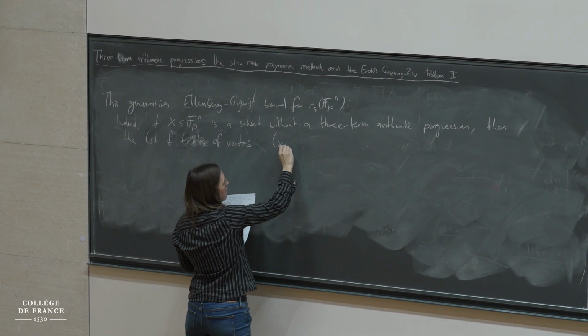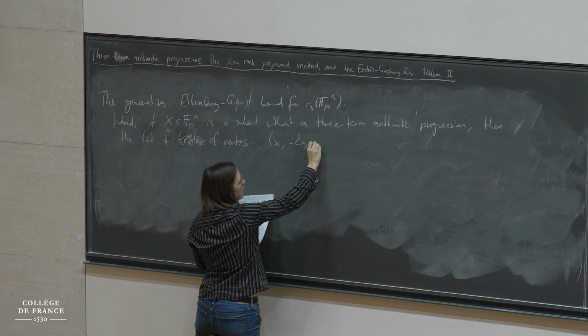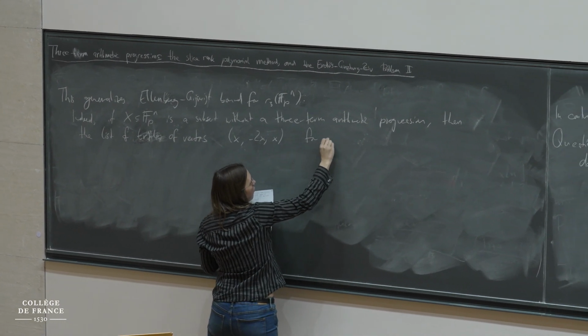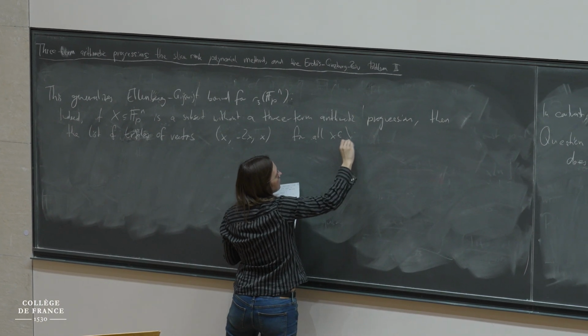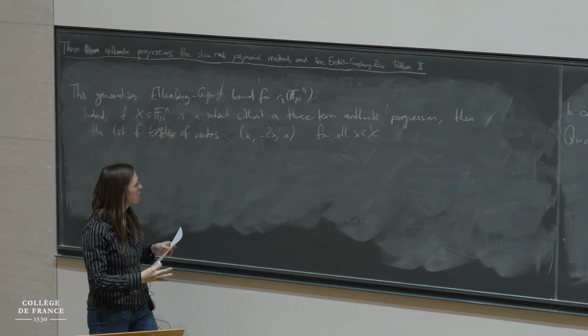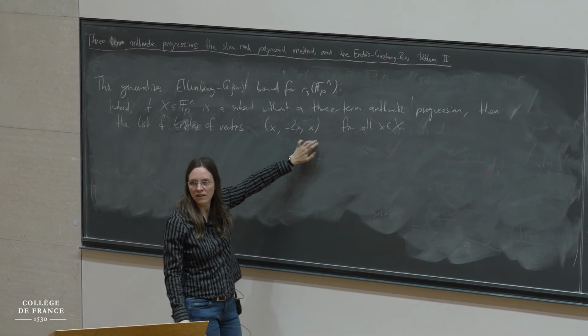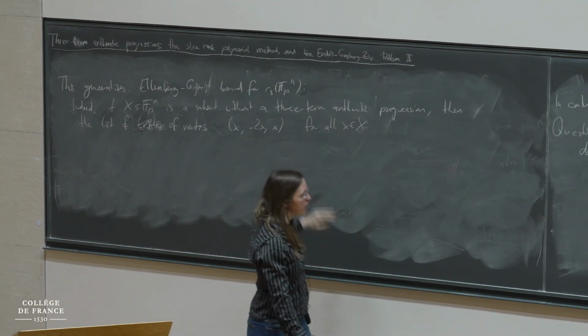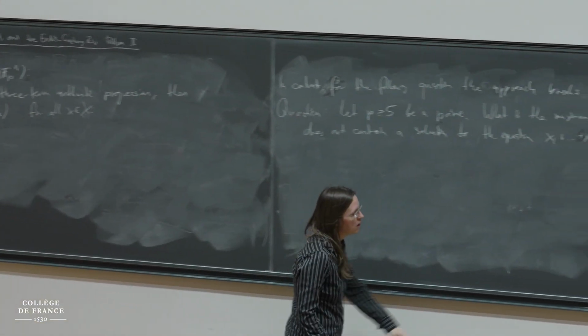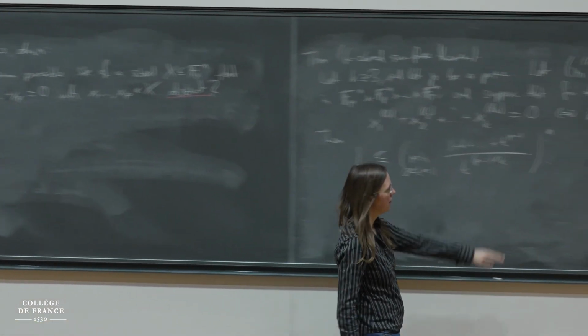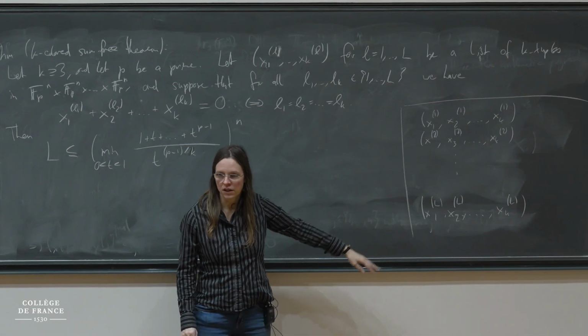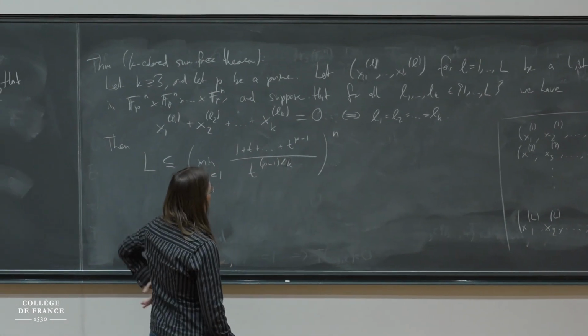Namely, for every x in the set, we form a triple, and that triple is just (x, -2x, x). These are the triples in our list, and we list them below each other, like here. Now we need to check this condition.